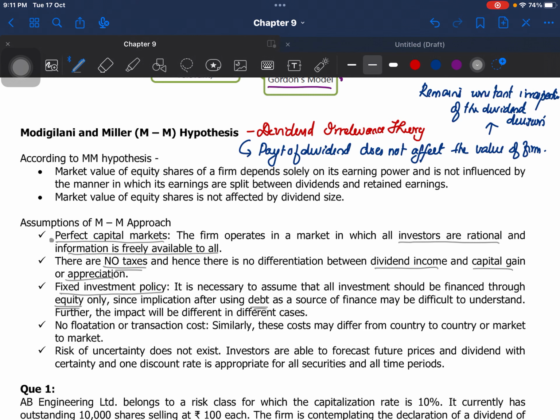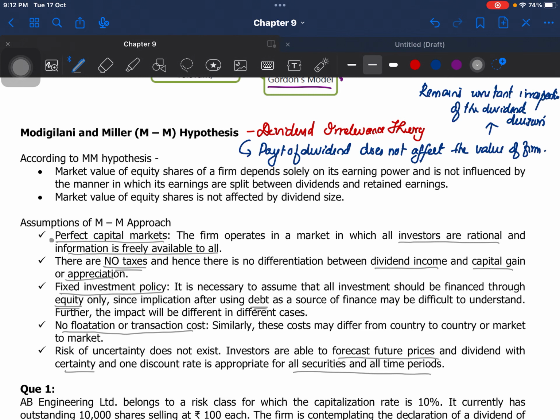The next one: there is no flotation cost or transaction cost. Flotation cost refers to the cost incurred by the entity while raising new capital. This theory says that whenever an entity raises additional equity, there is no such cost. That is the second last assumption. And the last assumption: the risk of uncertainty does not exist. The investors are able to forecast future prices and dividends with certainty, and the discount rate is appropriate for all securities and all time periods.